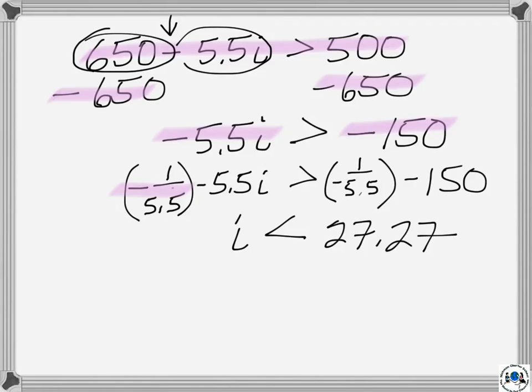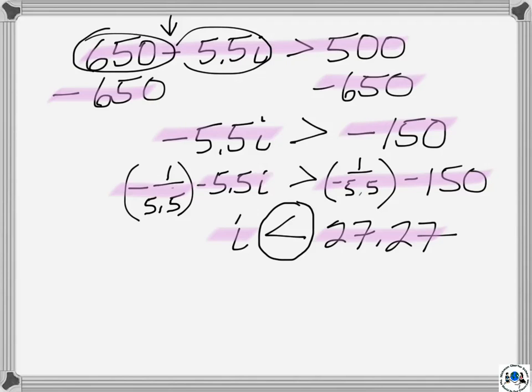In this case, that reciprocal is going to be a negative number. So I multiply a negative by this negative, which will give me the positive i, which is nice. Then the negative times the negative on this side gives me a positive number as well. But you'll notice what I had to do here is change the direction of my inequality sign.